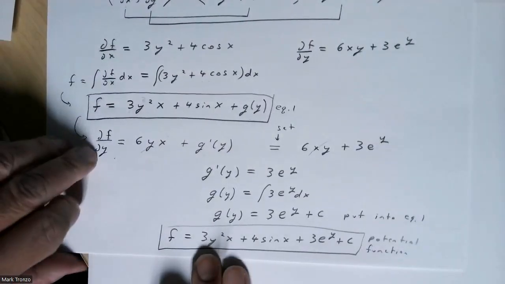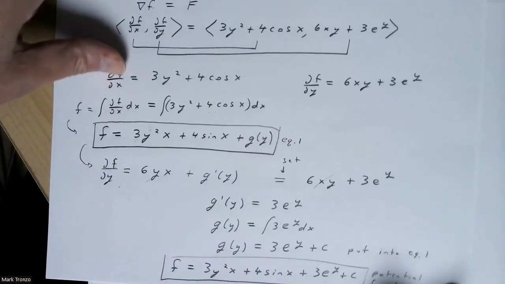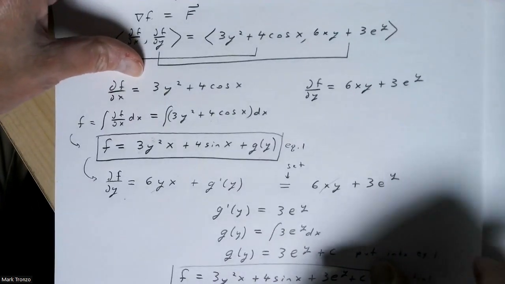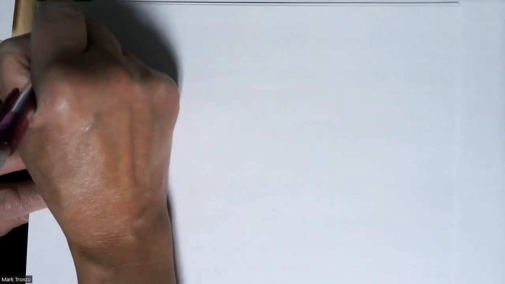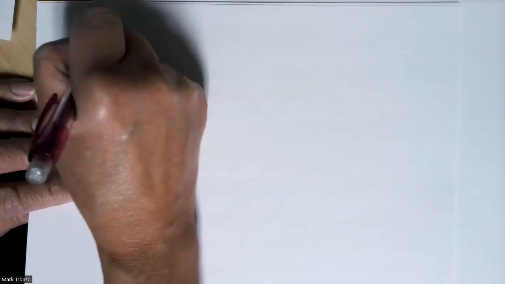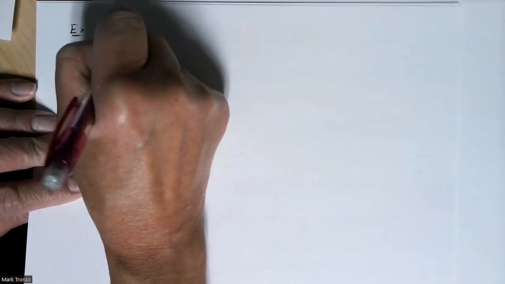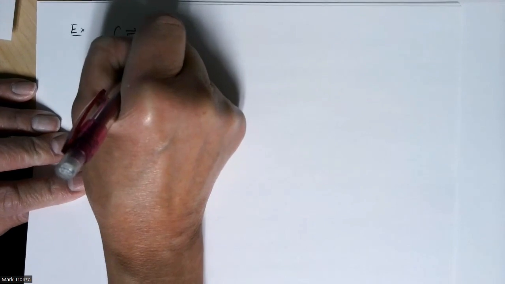Now we can use that along with the fundamental theorem of line integrals. So let's go back and see what we actually have. We originally wanted to find our F dot dr. Sorry.